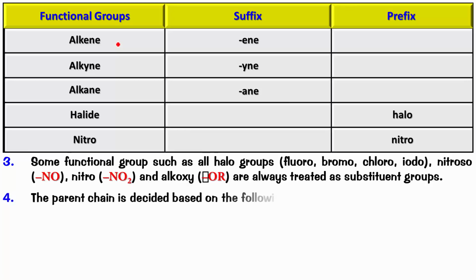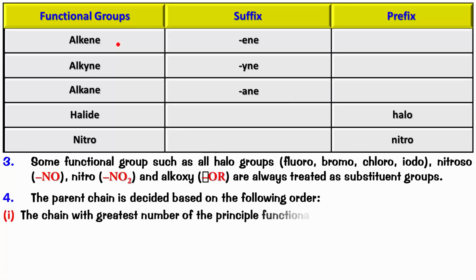The first thing you've got to check: first of all, decide which is the principal functional group. Look at all the functional groups and find out which has the highest preference. And select that chain which contains the maximum number of the principal functional group, the chain with the greatest number of principal functional group substituents.